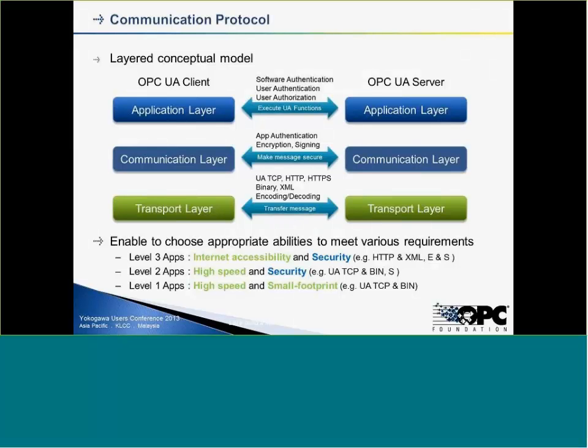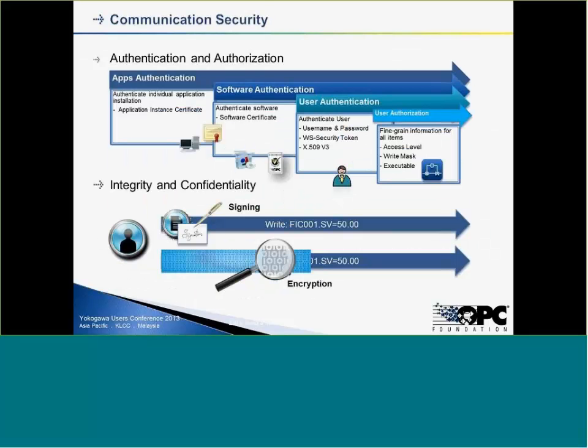So there's a variety of things that we've done, and the conceptual model for communication of OPC UA basically guarantees, from a platform-independent, operating system standpoint, that you get the highest level of internet capability, security, and reliability for what you're trying to do from an interoperable perspective.